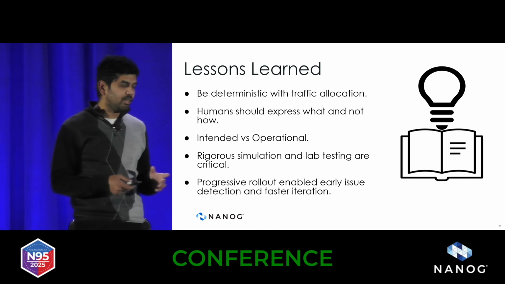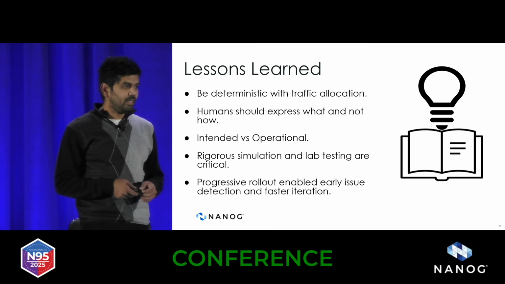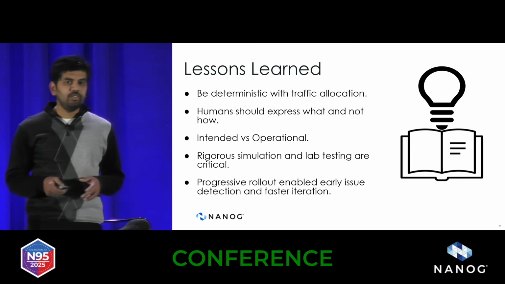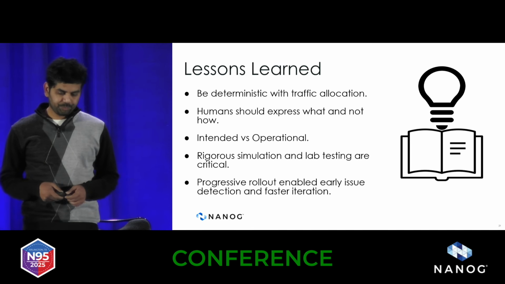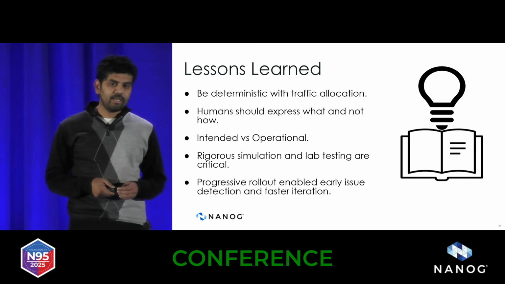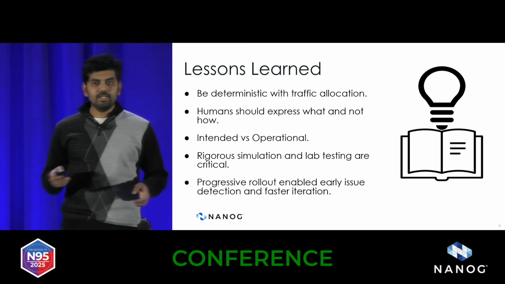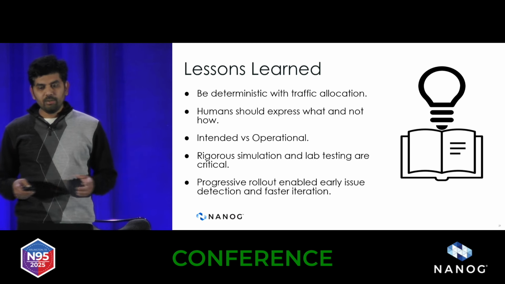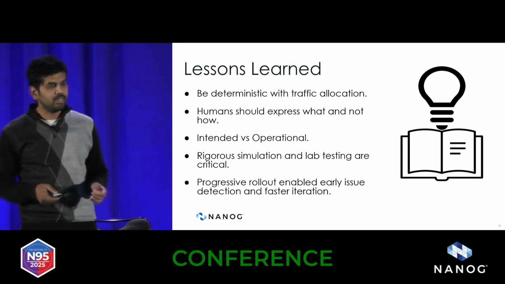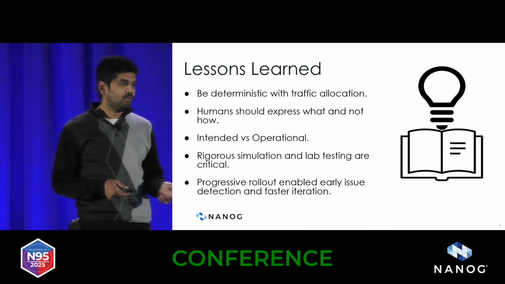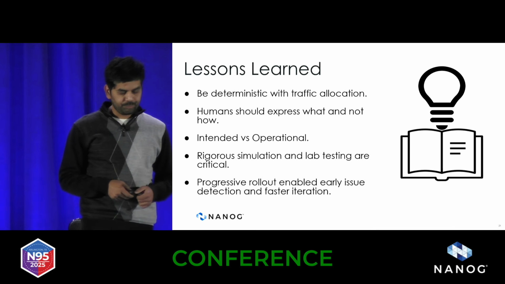Also, restricting a human to a high-level intent and abstracting out all the configuration internals would simplify the operation a lot. This also creates a paradigm of intended set versus operational set. Now we can seamlessly compute the drift between these two sets and detect any network anomaly quickly.